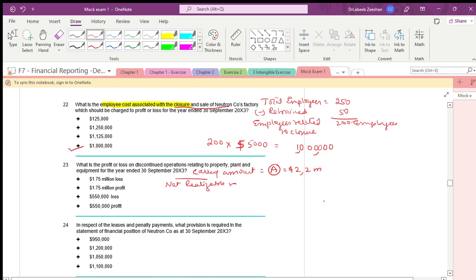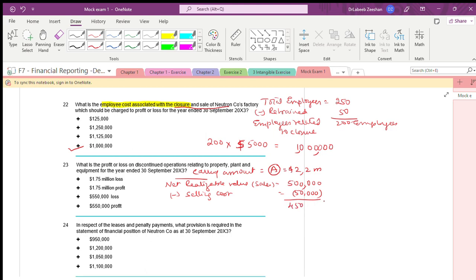Net realizable value is the sale price of 500,000 minus selling cost of 50,000, which is 450,000, or 0.450 million.